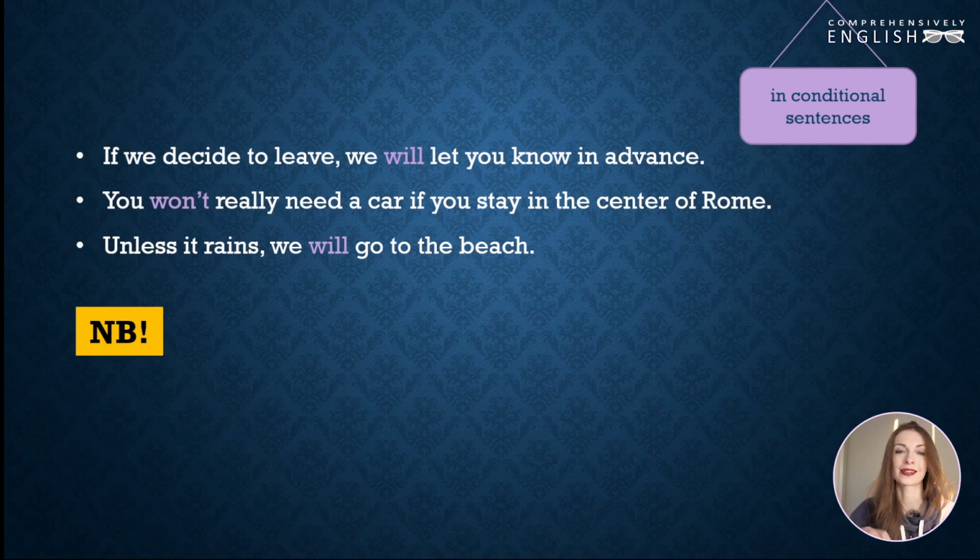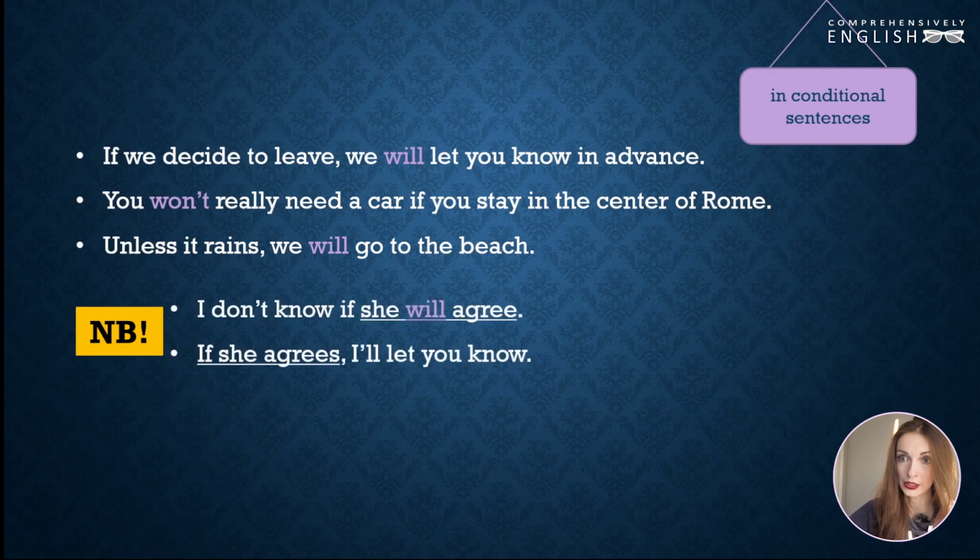These are three conditional clauses, subordinate clauses, right? And will is never used in them. According to the rules, you know that we must not use will in this half of the sentence, in these clauses. But it is only true for conditional subordinate clauses. Let's look. I don't know if she will agree.